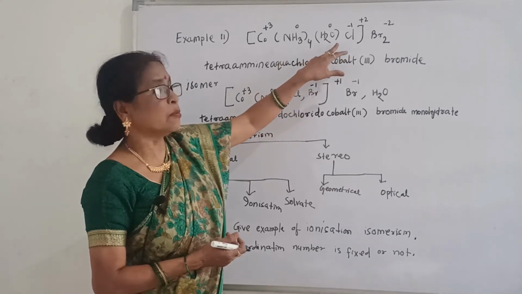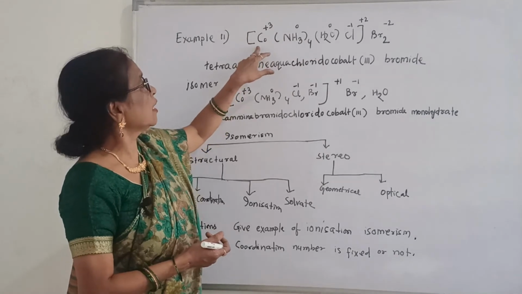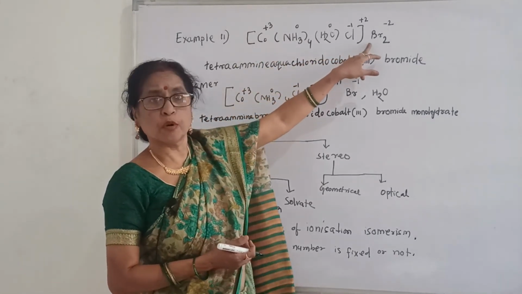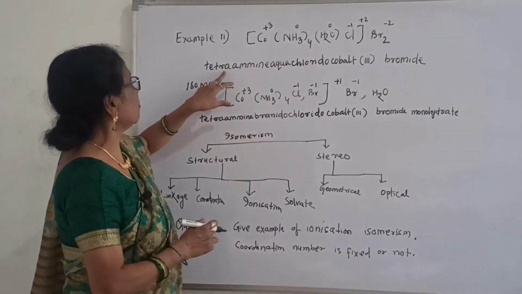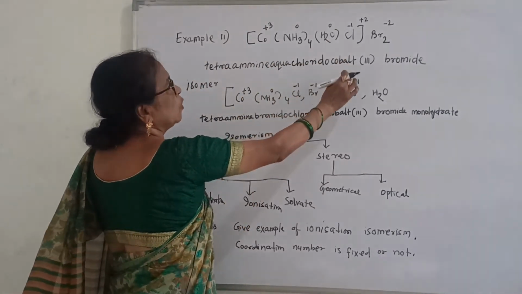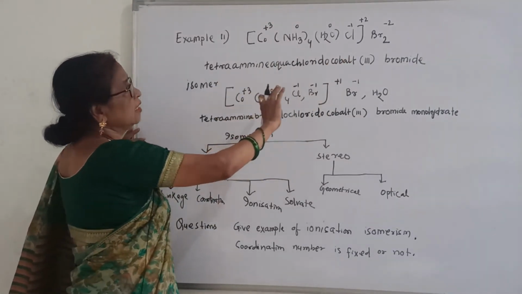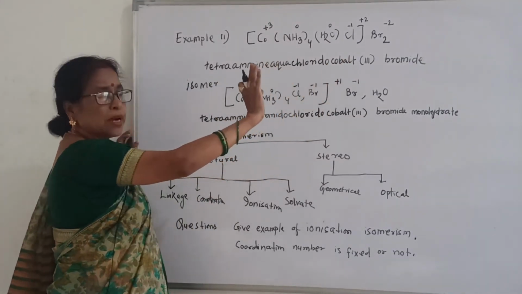That means the coordination number is 6. So 6 ligands are attached to the cobalt, and outside the sphere bromide is there. So what is the name? Tetraammine aqua chlorido cobalt(III) bromide. Is it clear? That means it can give the bromide test.